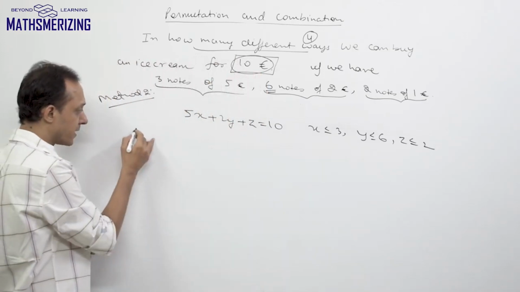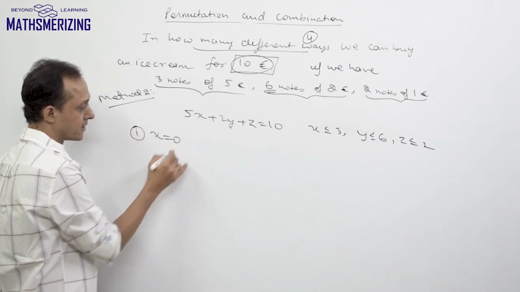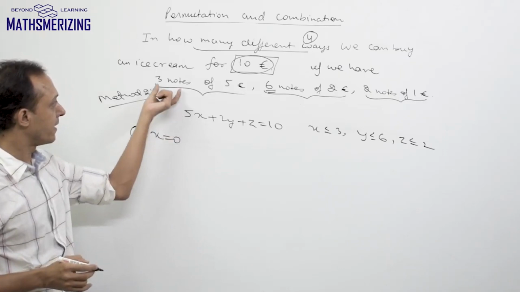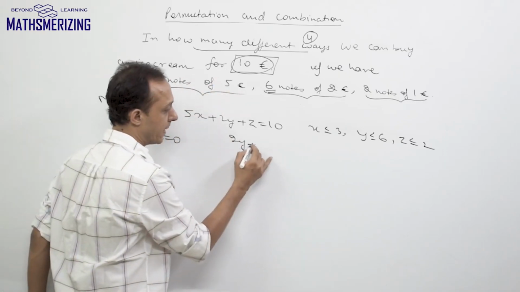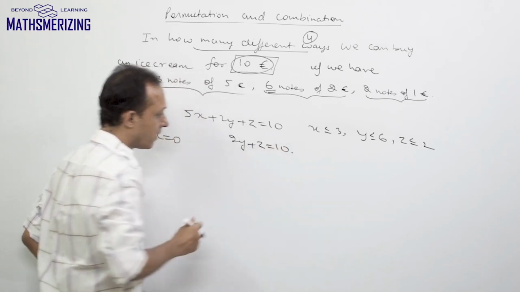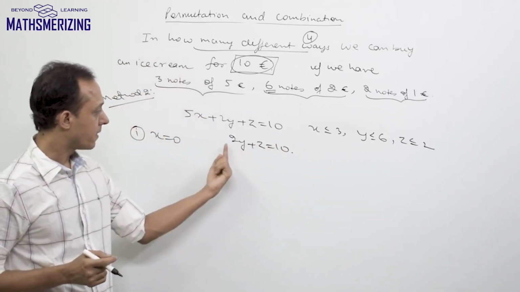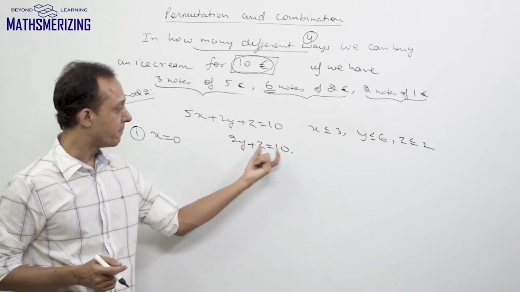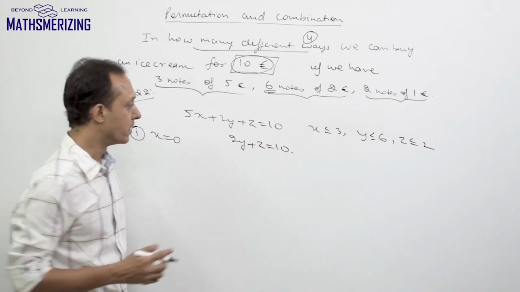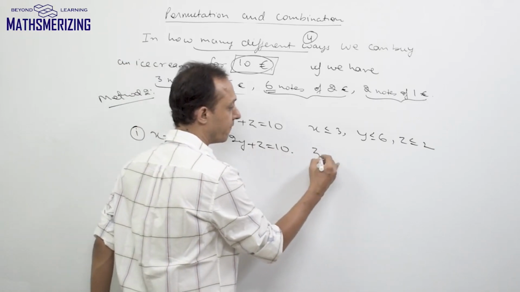Now we'll consider the first case. Case 1, when the value of x is 0. So now we have not spent any 5 euro notes. So I'll get this equation as 2y plus z equals 10. Now we know that this y is multiplied with 2, right? So y is an integer only when 10 minus z is an even number. So that means I can choose only even values for z.